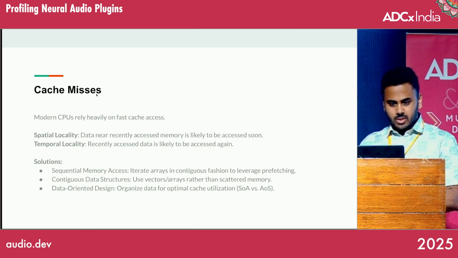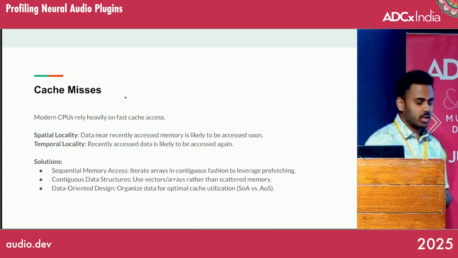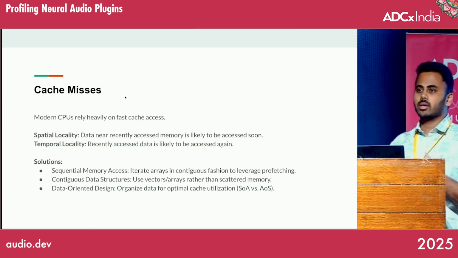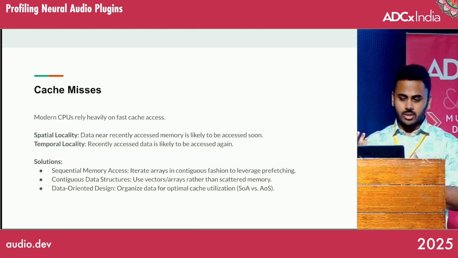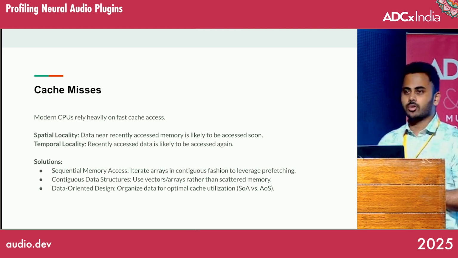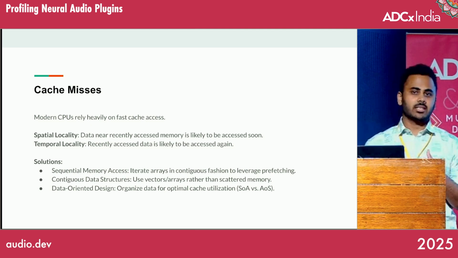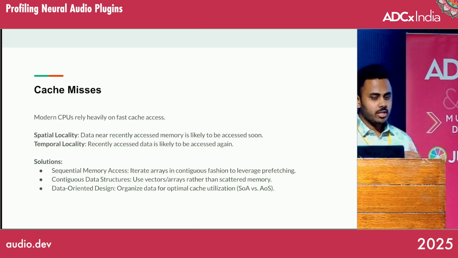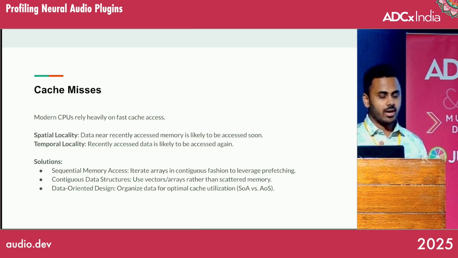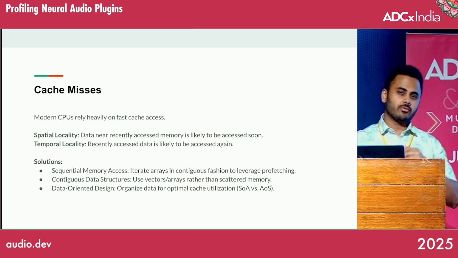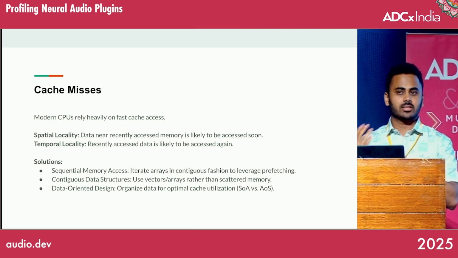Then the next thing: since we saw earlier, we have something called instrument counters. The advantage with that is that you could look at things like cache misses. Modern CPUs rely heavily on fast caches. You have two types of localities: one is spatial and one is temporal.